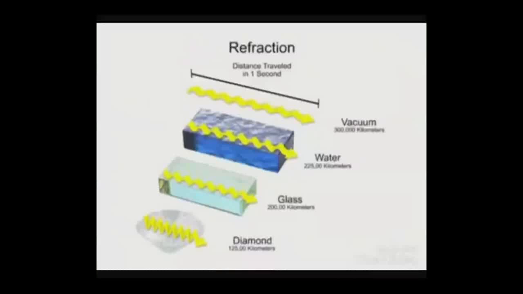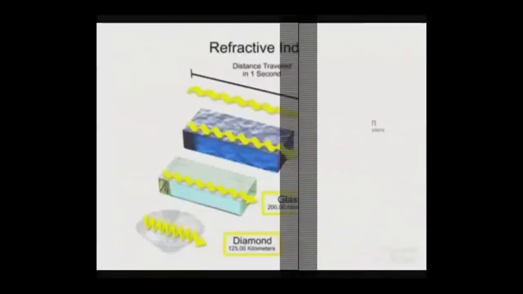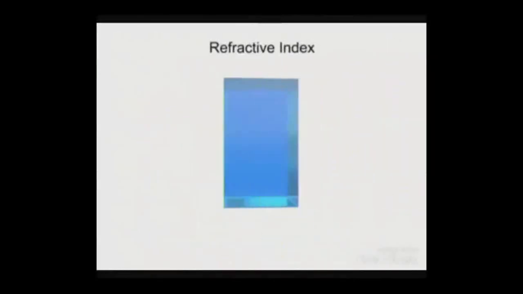Now, observe this video carefully. As we have said, light possesses different speeds in different media. For example, in vacuum, the speed of light is 3 lakh kilometers per second. In water, the speed of light is 2,25,000 kilometers per second. In glass, the speed of light is 2 lakh kilometers per second. In diamond, the speed of light is 1,25,000 kilometers per second. Now, let us coin another important term called refractive index.